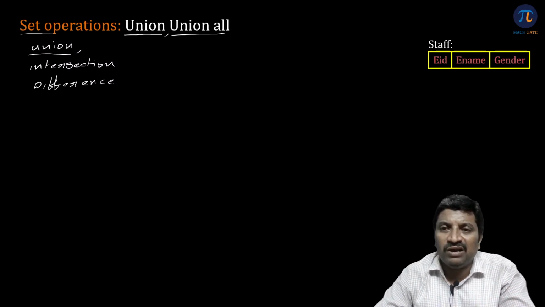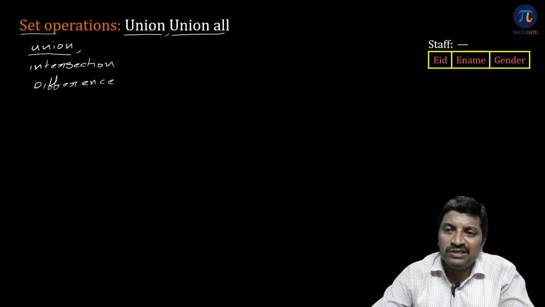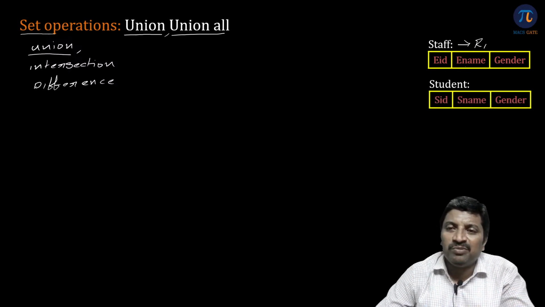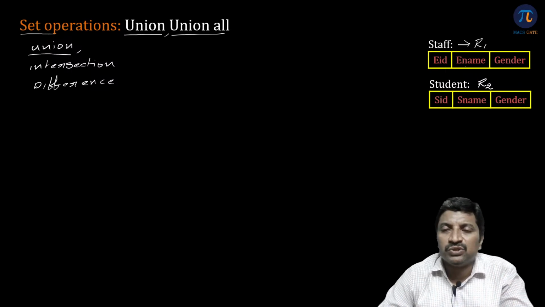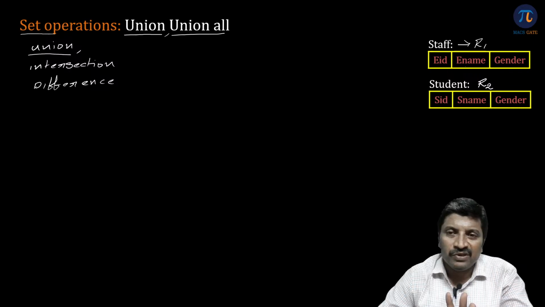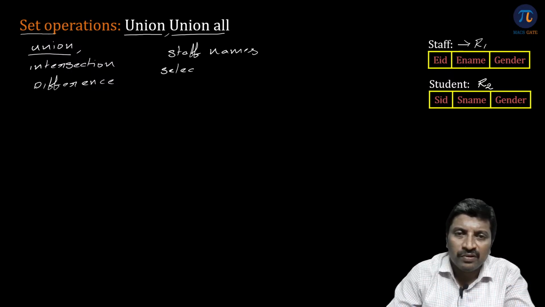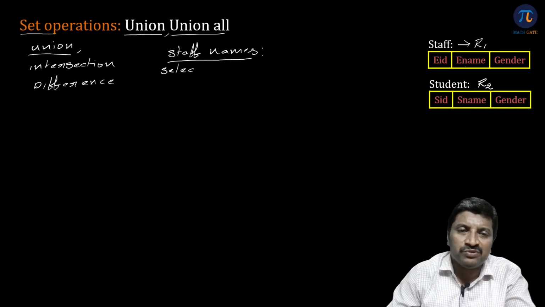Suppose I have staff, in which I have employee ID, employee name, gender. This is my first relation or first table. The second table is student, in which I have student ID, student name, gender. Now, I want all the staff names. What do you write?